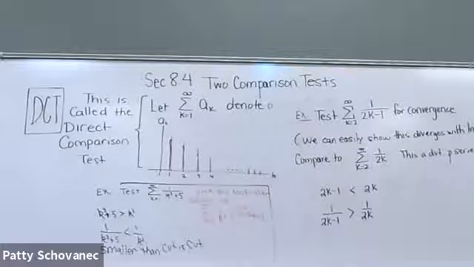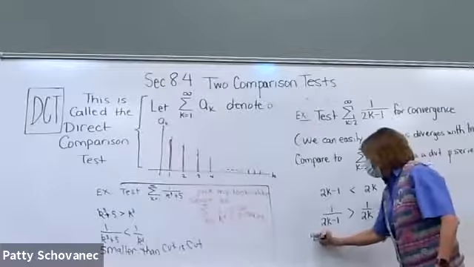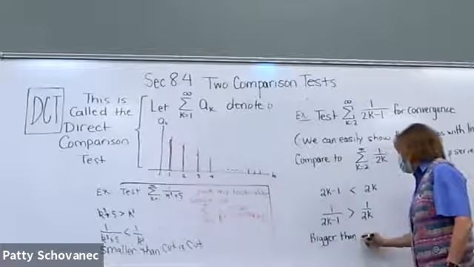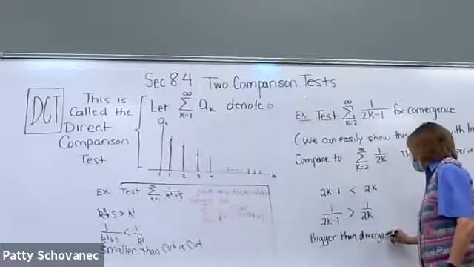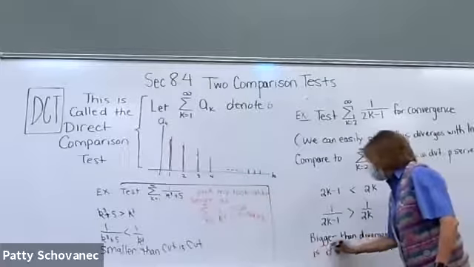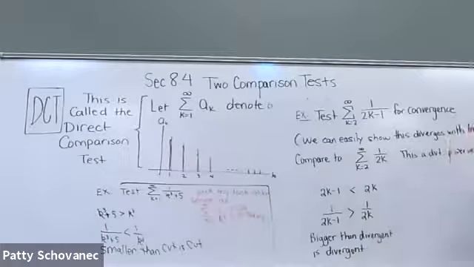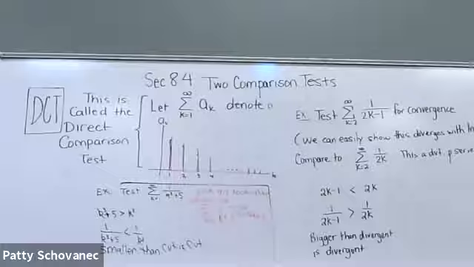And the second statement of the direct comparison test applies. Bigger than divergent is divergent. Make sure you tell me which part that it's bigger than a divergent series. Okay.